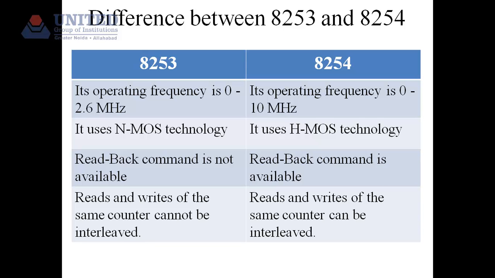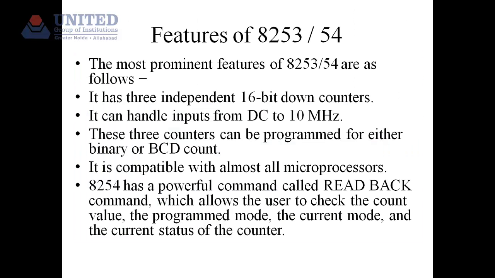In 8253 the read back command is not available, whereas it is available in 8254. What is a read back command? Later we will see in detail. In 8253 the reads and writes of the same counter cannot be interleaved, whereas in 8254 the read and write of the same counter can be interleaved.